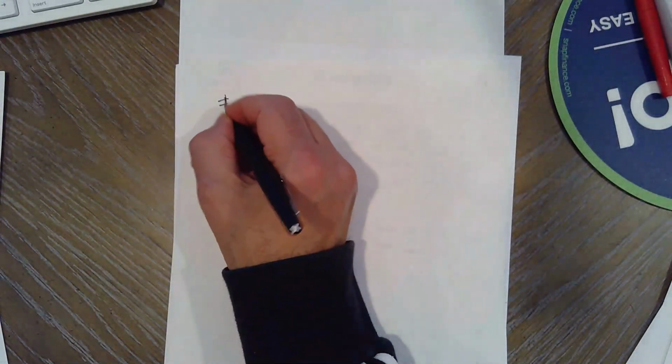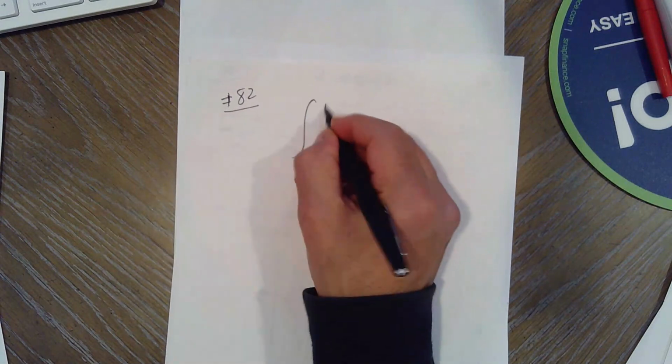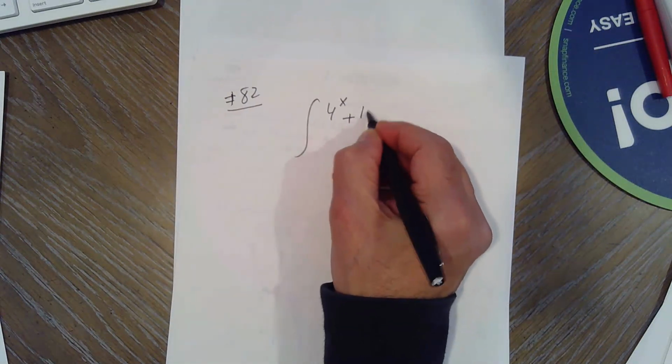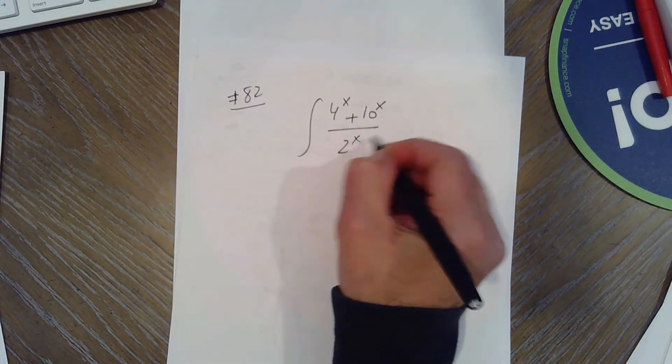And finally, number 82, it looks hard, but it's really the easiest one. The integral of 4 to the x plus 10 to the x over 2 to the x dx.